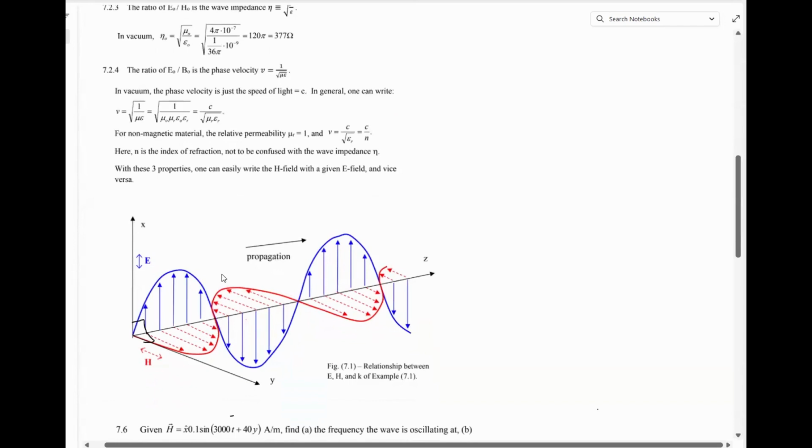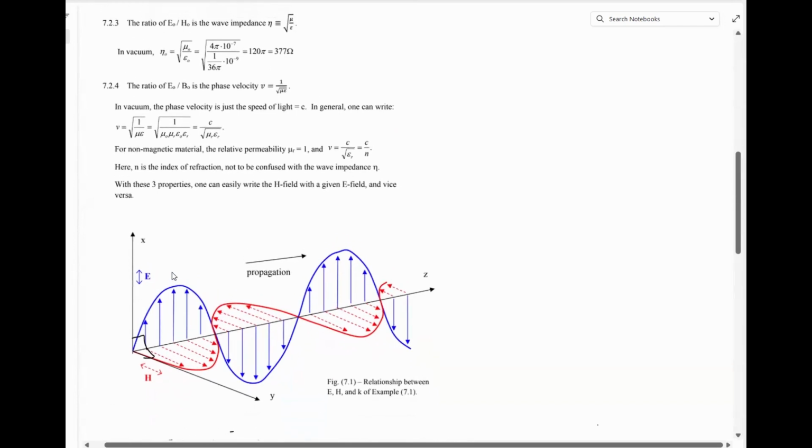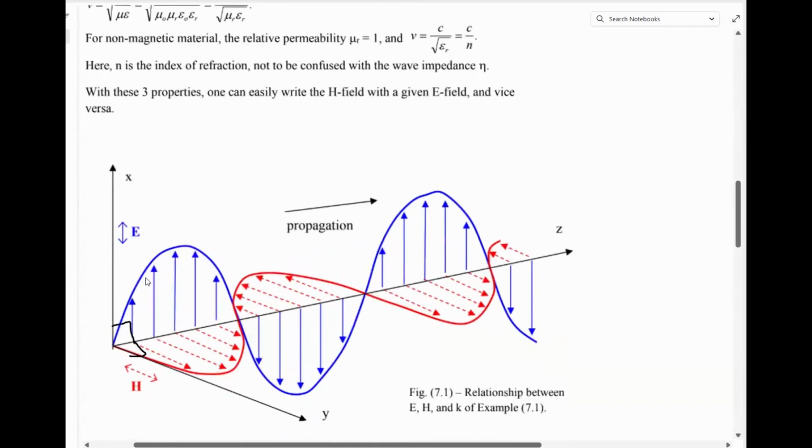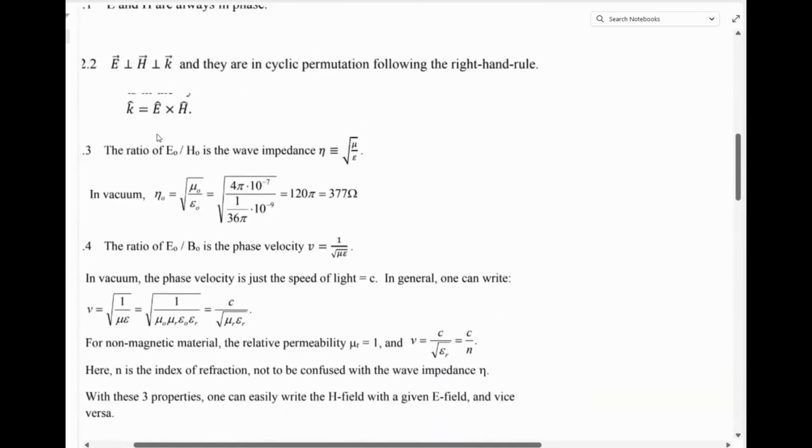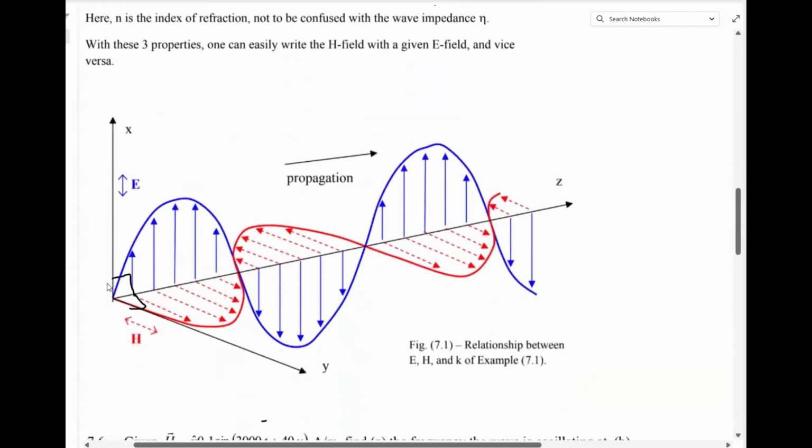And then looking at this diagram, we can see what this equation, this cross product, actually means, as they are all 90 degrees away from each other.